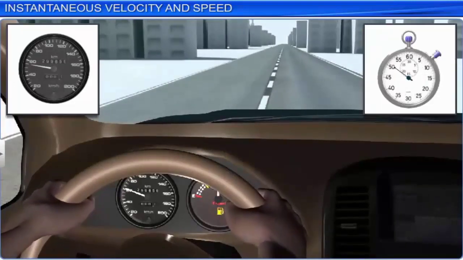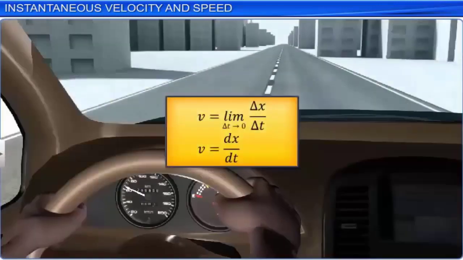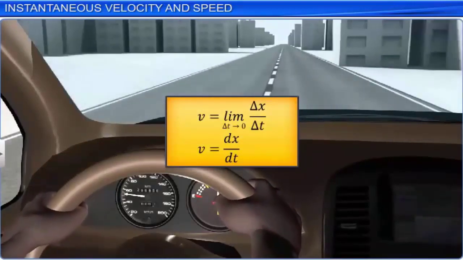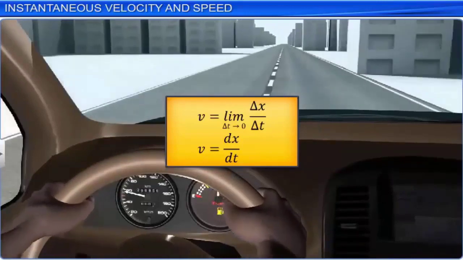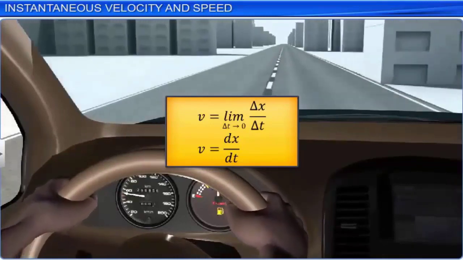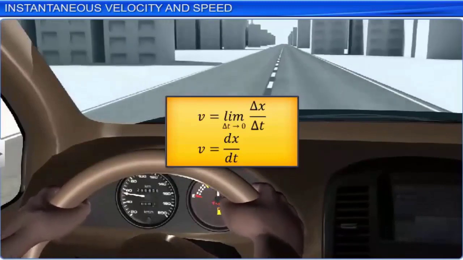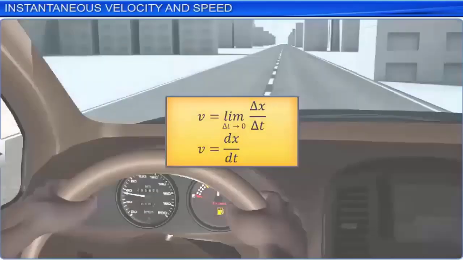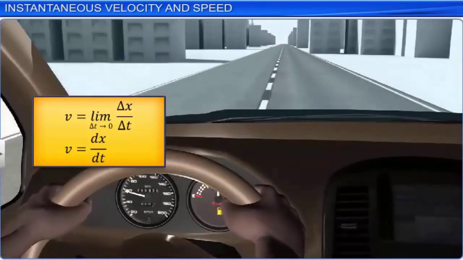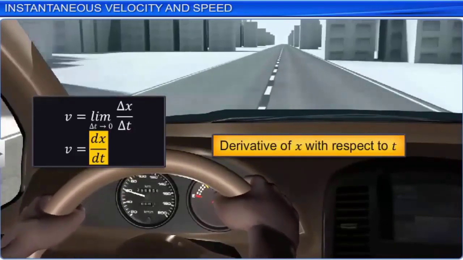What is instantaneous velocity? The velocity at an instant, or instantaneous velocity, is defined as the limit of the average velocity as the time interval, delta t, becomes infinitesimally small. In differential calculus, the right-hand side of this equation is called the derivative of x with respect to t.